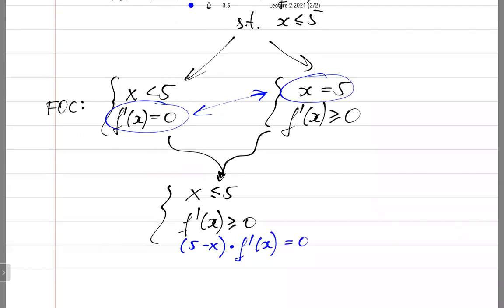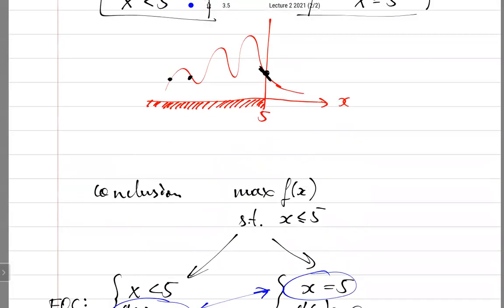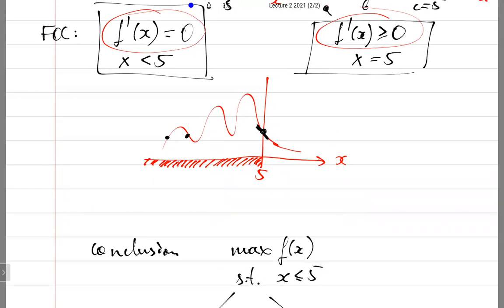Okay? I'm sorry, can I ask one question? Yes, obviously. At 5, why the derivative cannot be less than 0 if, for example, the graph starts to diminish? That is the case. The derivative at 5 can be negative, but in that case, this is not a maximum. I'm searching for the first order condition for maximum.